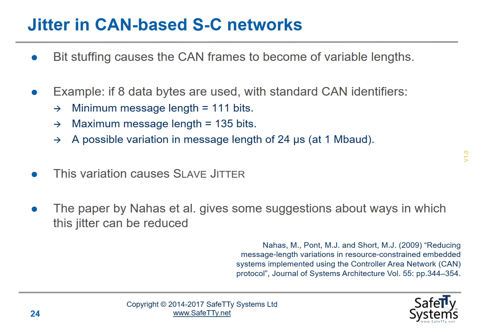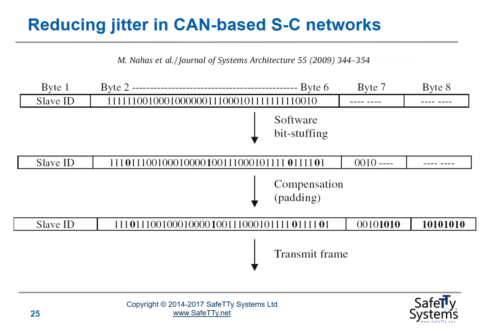Paper below by Nahas et al. gives some suggestions about ways in which we may be able to reduce this jitter. The basic approach outlined in that paper involves software bit stuffing. So we pre-process the data to apply a known level of bit stuffing to the data frames before we pass the data to the CAN hardware.